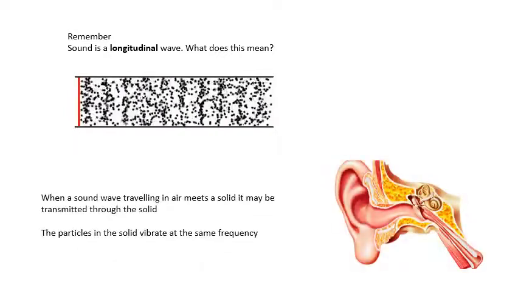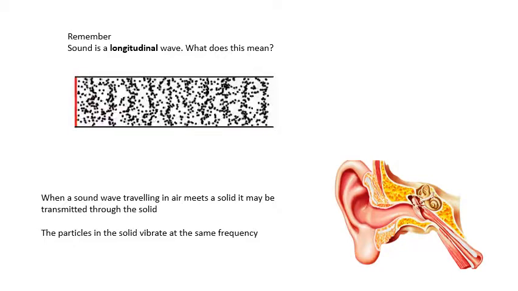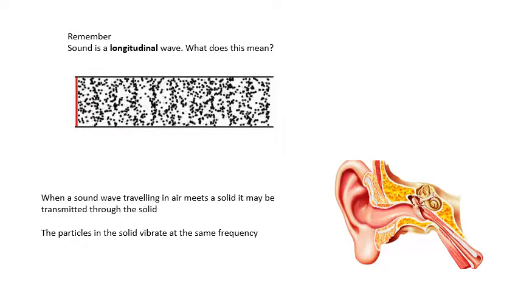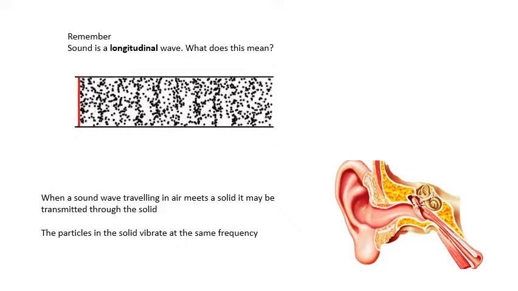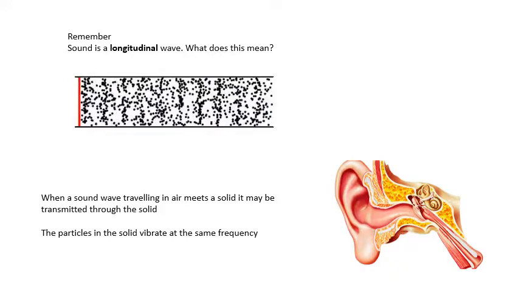Okay, so when a sound wave traveling in air meets a solid, then it may be transmitted through the solid. In other words, the sound makes the solid vibrate, and then the vibrations travel through the solid.